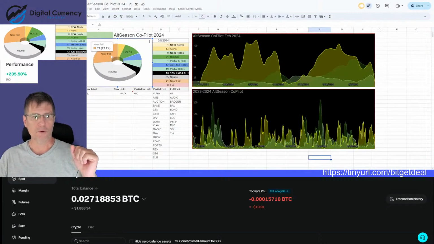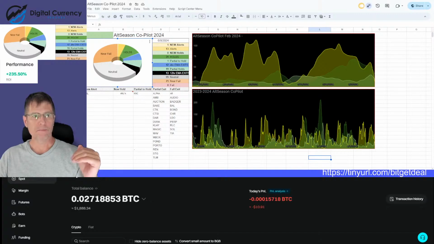We see a whole bunch of coins that are failing to new lows. They really broke some bottoms that I wasn't expecting, actually. I was talking about the fact that the alerts were going to pull back and that we'd have partial holds and holds pulling back. Sure enough, all of those coins have exited out of altcoin back into Bitcoin.